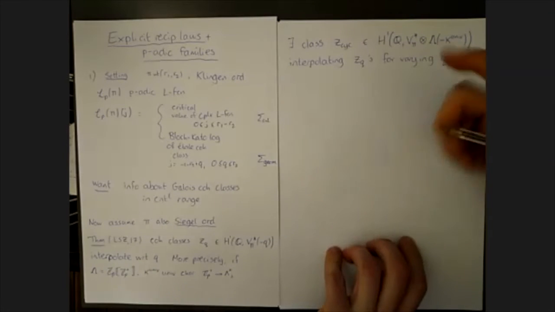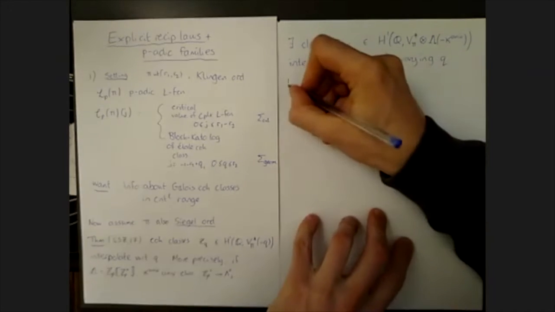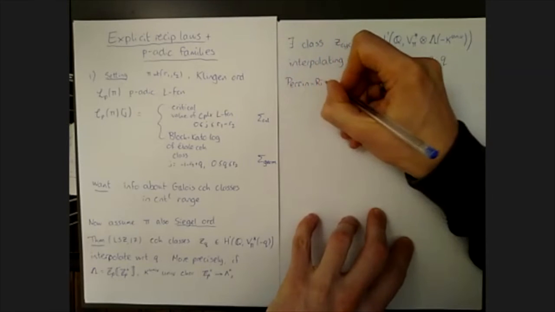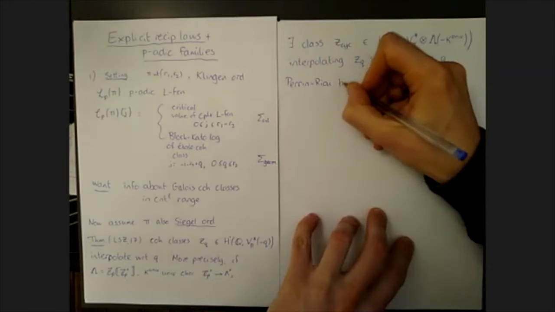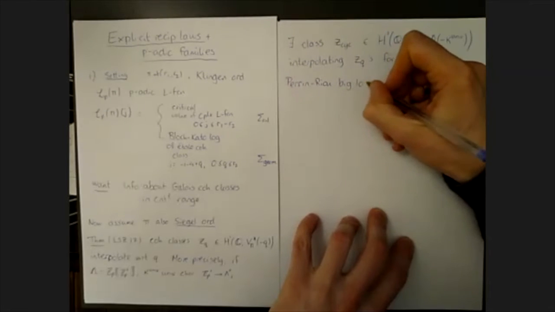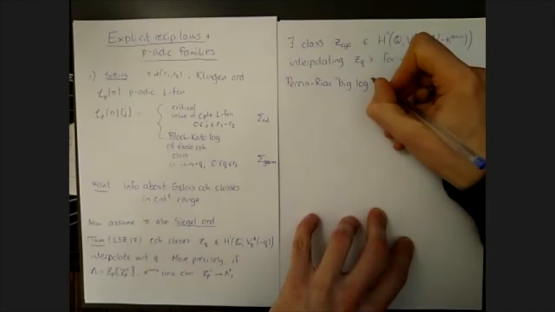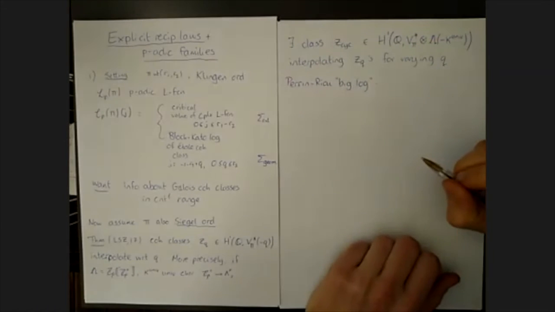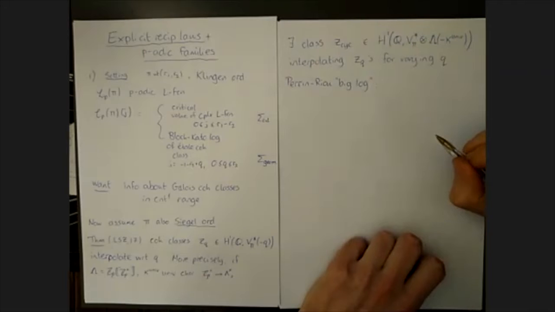And just a reduction step along the way, we'll use the Perrin-Riou big logarithm. It's sometimes called a regulator, but I hesitate to call it that because that name's used in a rather different sense in this theory.